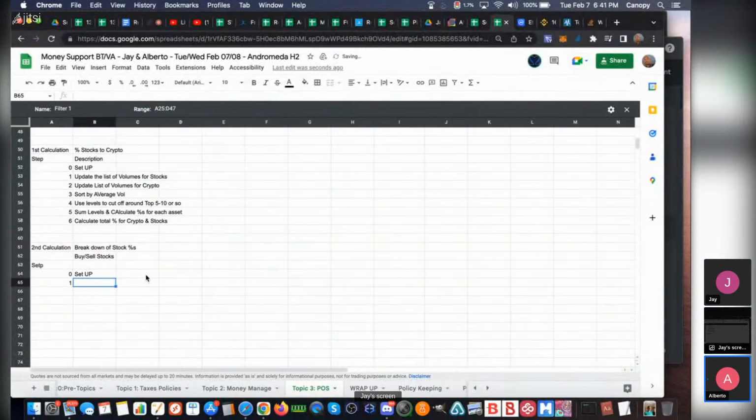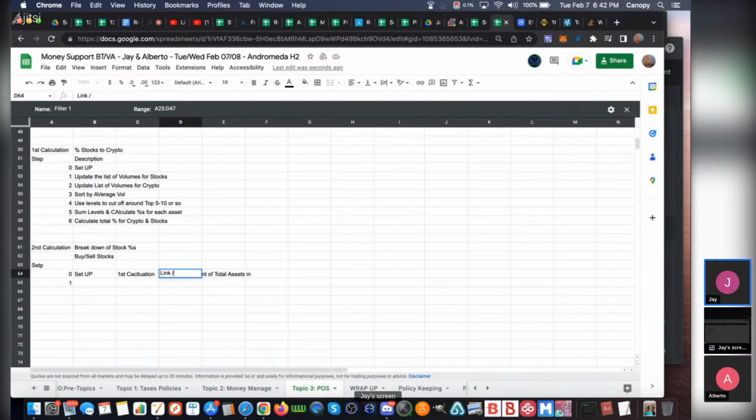Streaming is on. So the setup is obviously you want the first calculation, and then we're going to want to link to document total assets in, want to link and calculate total assets.